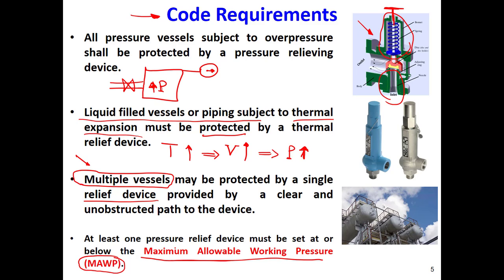We define this pressure for the operator, to make sure he is always working under it, or in the worst case close to it, and doesn't pass it. If he passes it, he has to receive a warning that he has passed the MAWP. We usually set these valves at this pressure or below it, so if the pressure in the vessel reaches this pressure, the valve will open.